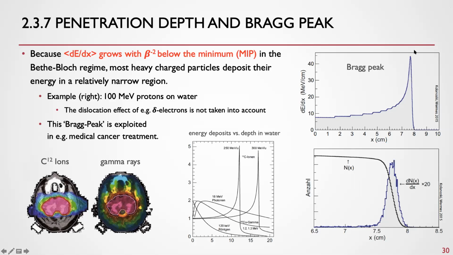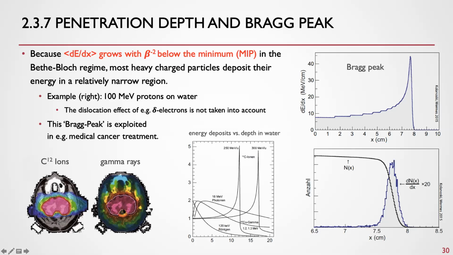Why is it important? Because we can shoot those protons at people and damage tissue. That's not a good thing unless you have cancer at this location. And this is the basics of proton and heavy ion cancer treatment, which is carried out at Med-Austron.